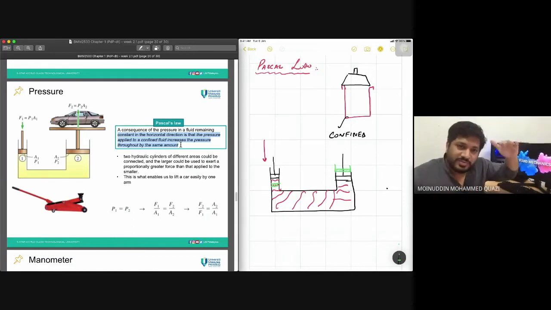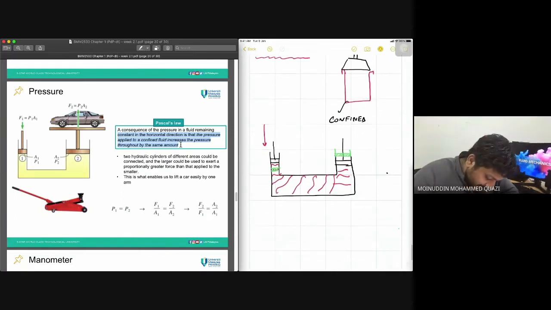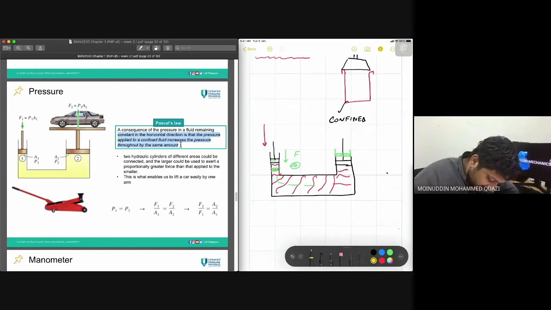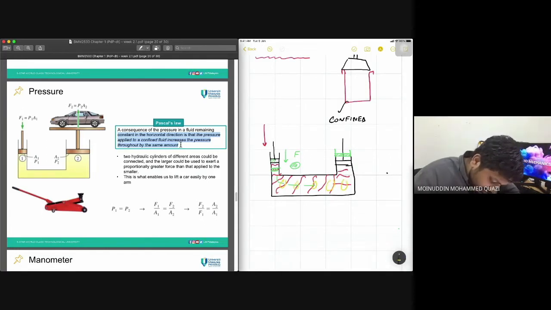So the fluid moves and it moves the upper fluid also, and that happens by the pressure being the same amount. When I press this fluid, the pressure transmitted is also the same. When I apply a force on a certain cross-sectional area, the pressure is transmitted into the fluid, and then it causes the same amount of pressure to go up.